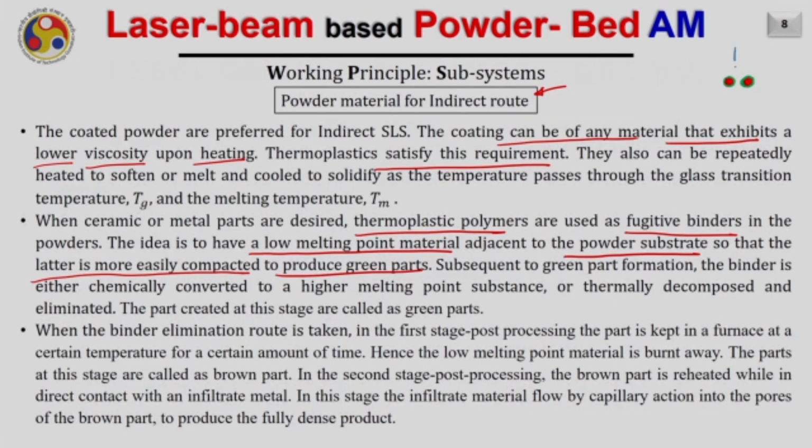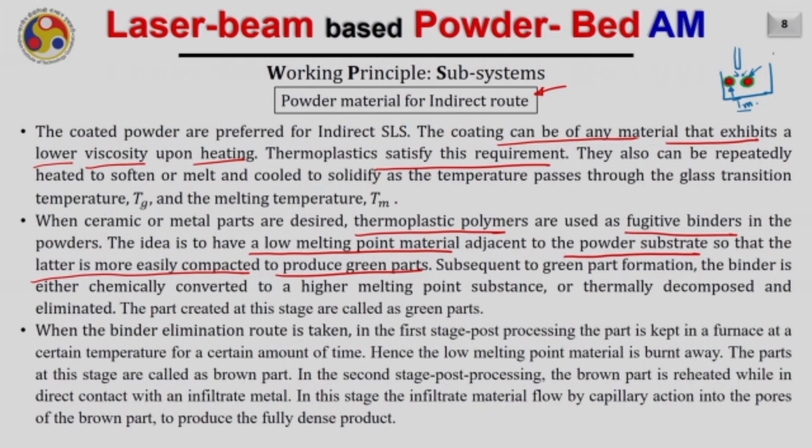Now, when a laser beam moves over these powder particles, the green color material, which has a low melting point, will get melted, and it will easily form the bond between the adjacent material, and that too with the green color. As a result, if you see the entire system, there will be a matrix basically of these low melting point materials in the solidified part, and these center parts, which are of high melting point, will be compacted together into this matrix.